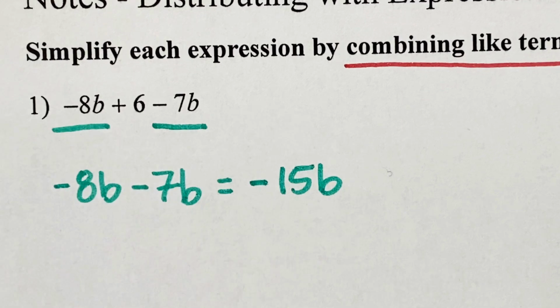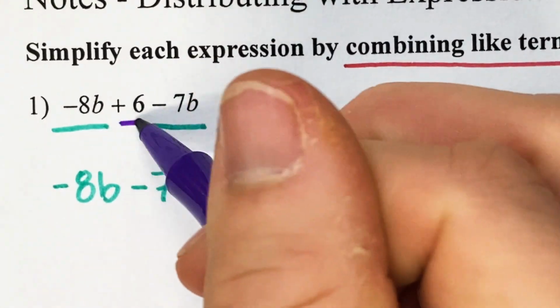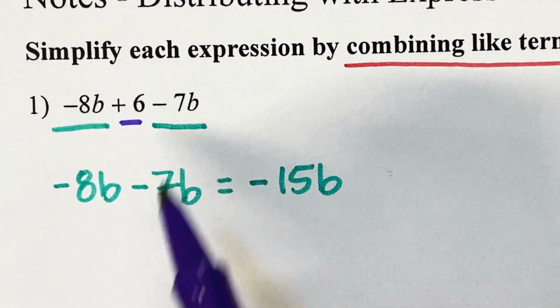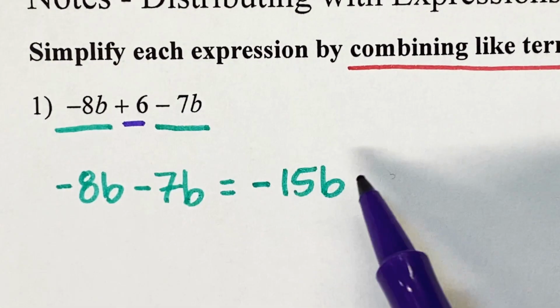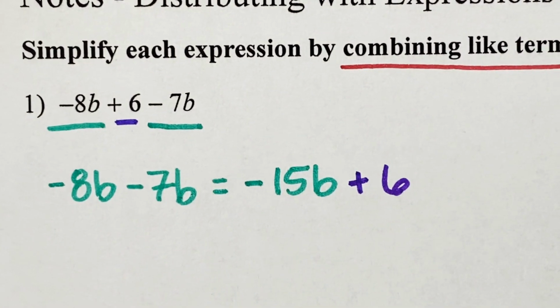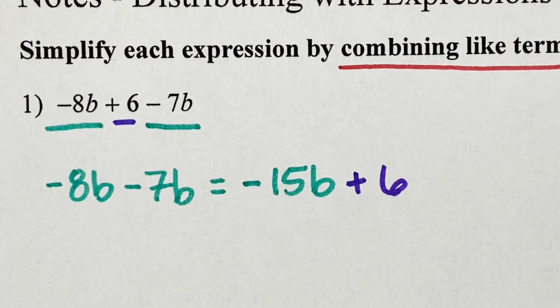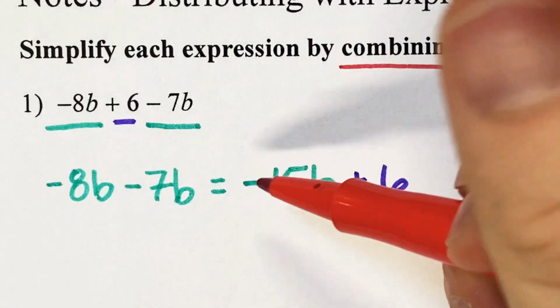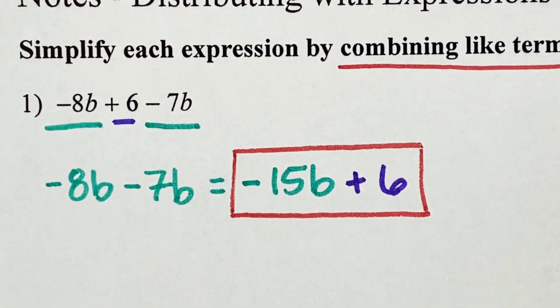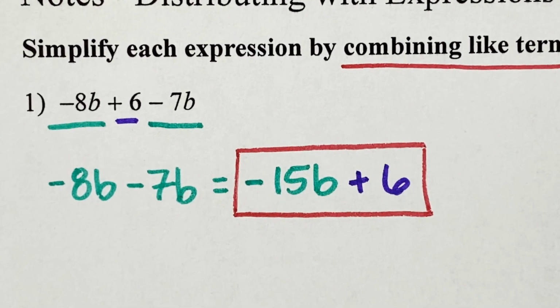This 6 right here couldn't combine with anything, right? There's no other numbers without variables, so we just add it on the end, then plus 6. We combined our like terms, and we had a term that we couldn't combine, so that is our simplified expression.